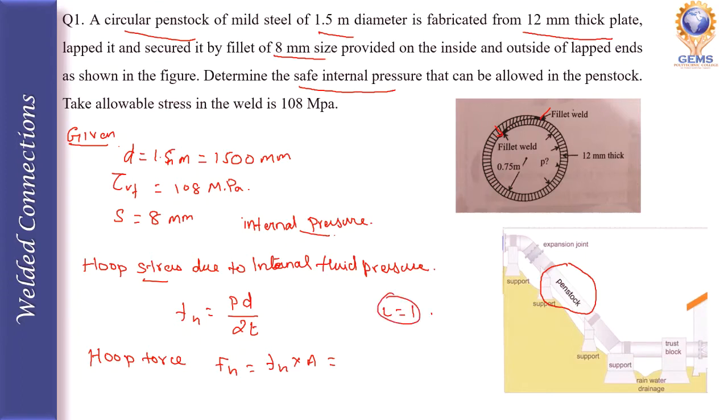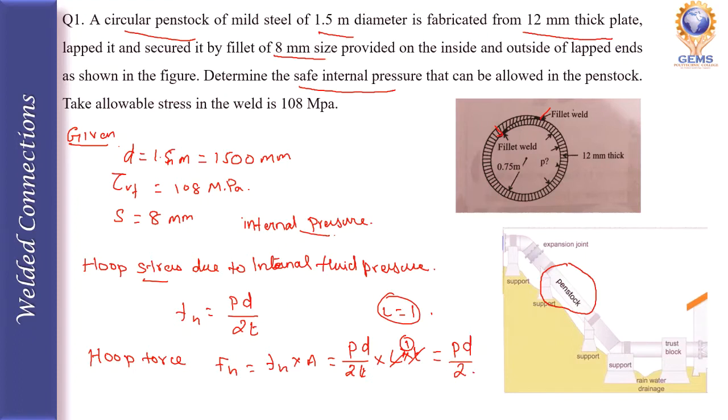So the formula will be PD by 2t into L into t. The t will cancel, L will become 1, so your hoop force will be equal to PD by 2. This is the hoop force.